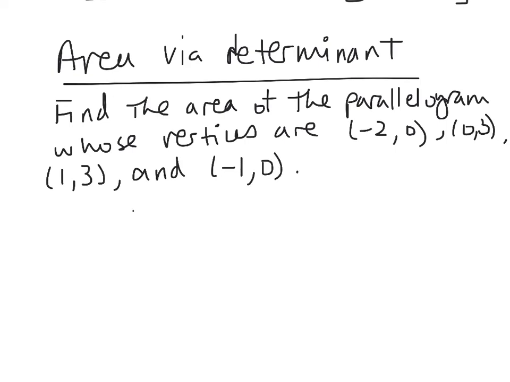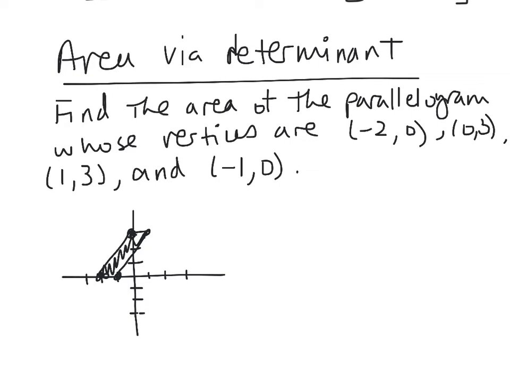Okay, so we can graph to see what this looks like. So we have a point there, we have a point up here, we have a point here, and we have a point right here. So this parallelogram looks something like this. And we want to compute the area.